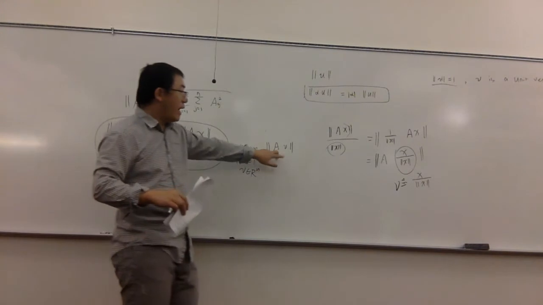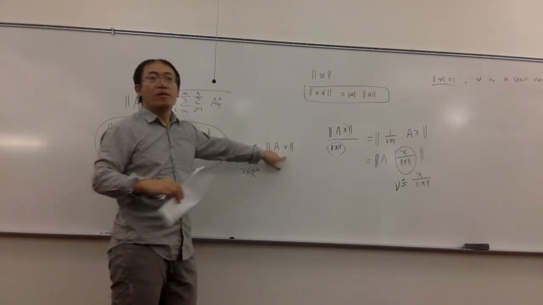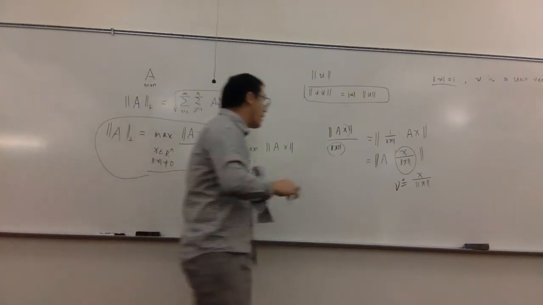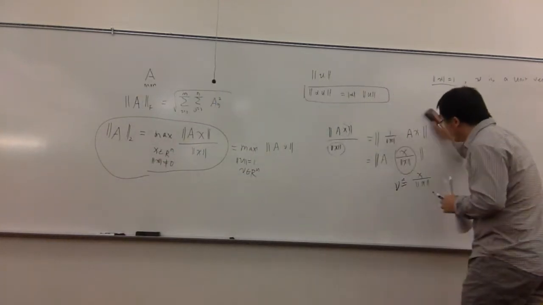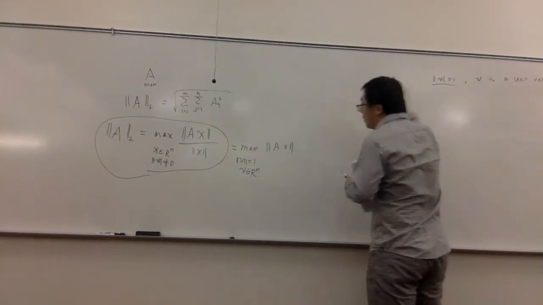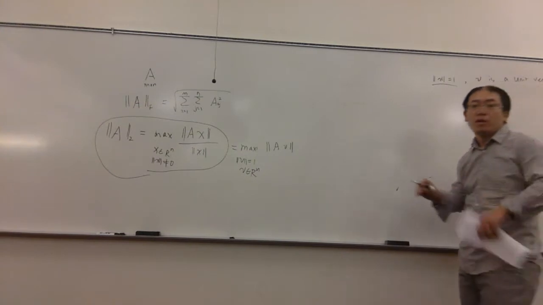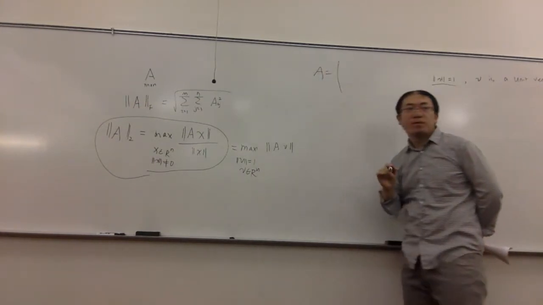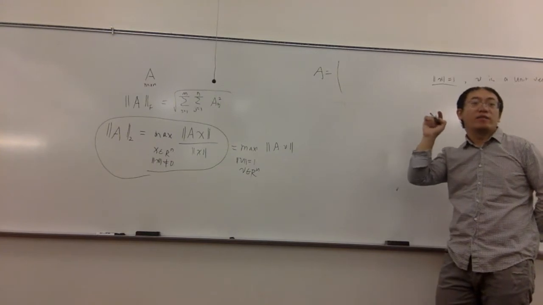So now we can take a look at this norm, A multiplying with v. A is a matrix, so we can represent A as a set of row vectors.